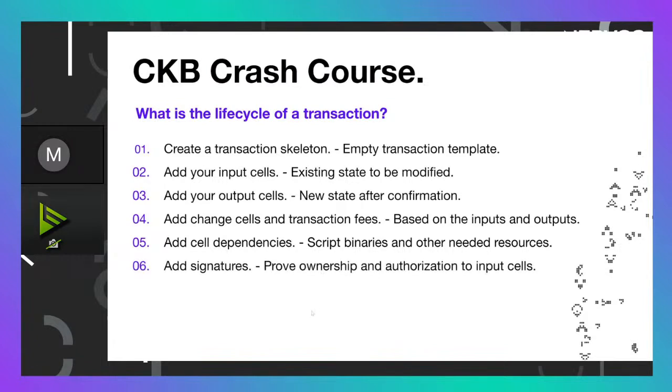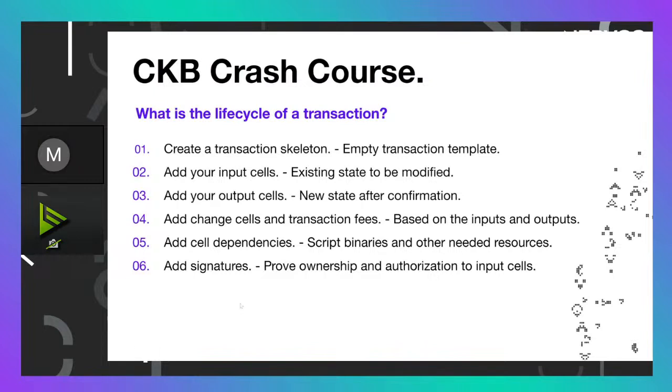You need to add any signatures. This is to prove ownership and authorization of input cells. Because we have account abstraction, this depends on what you're doing. A lot of times you're going to be working with the default lock, which is our standard, most basic lock system that requires signatures. Sometimes if you're doing an automated system, because of account abstraction, you actually control what the validation is.